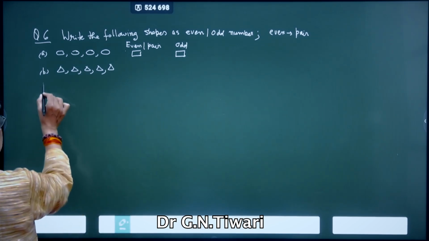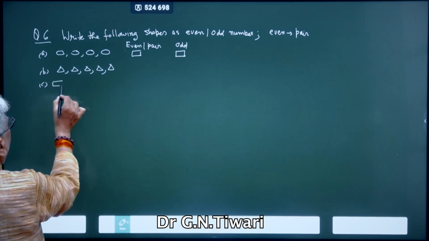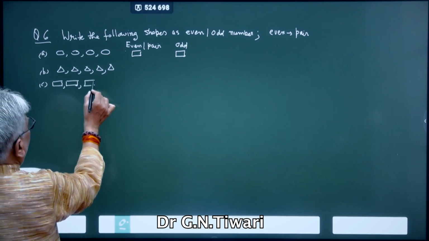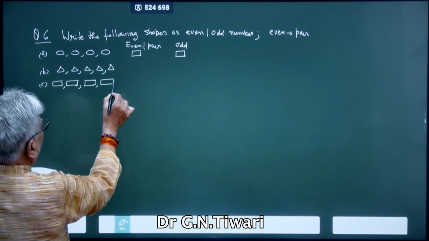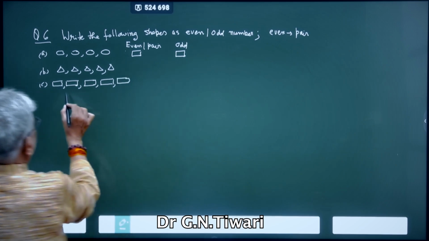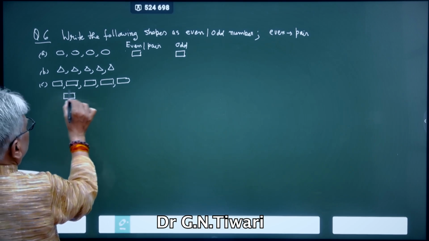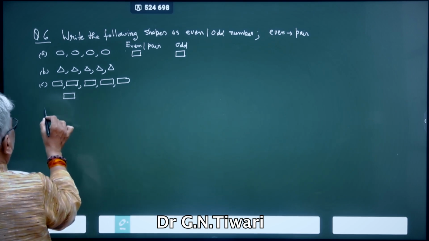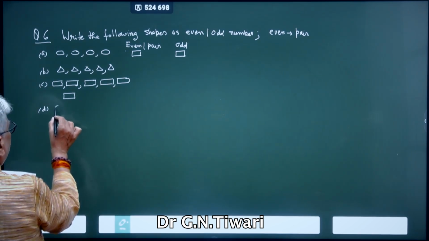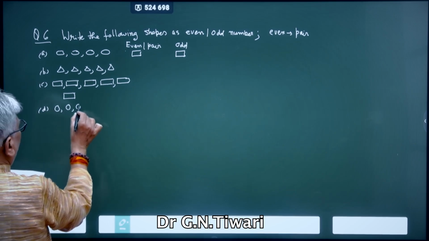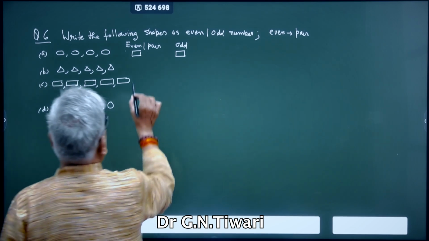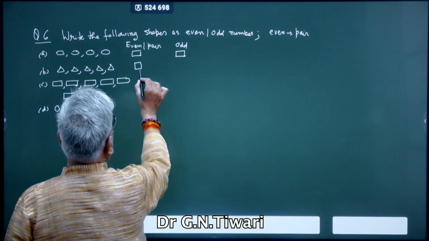C, rectangle. D, zero. So make this, no problem.